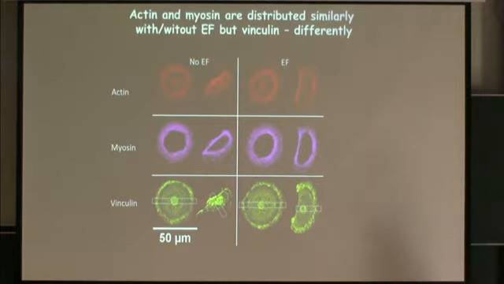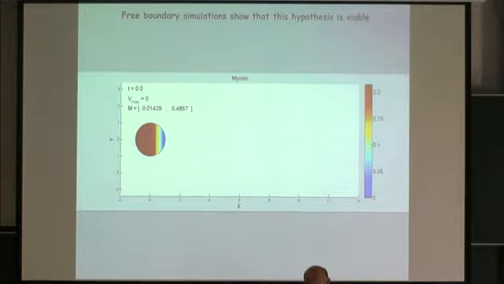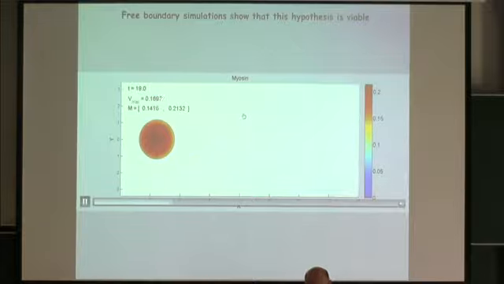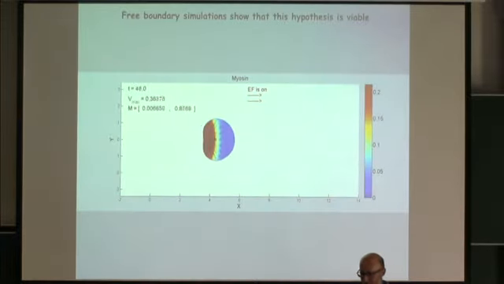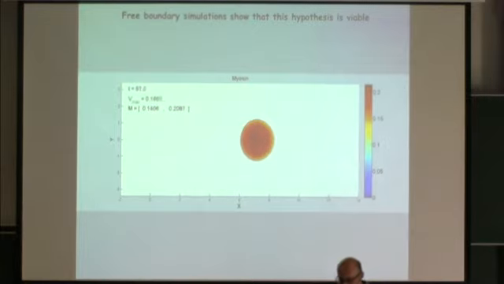And then when electric field is switched off, adhesions recover everywhere around the boundary, and the cell stops. So that's kind of vague speculation. Let me leave it on that. We have actually a simulation of this, but I don't have time to describe it in detail. So this is before electric field is switched on, then when it's off, the cell stops.